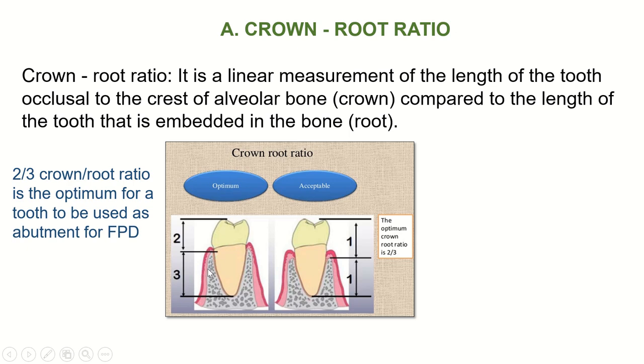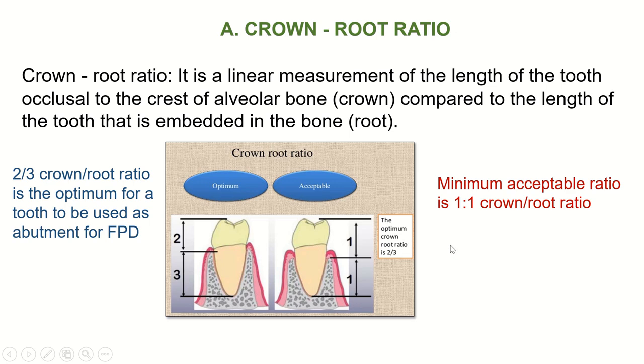To get an optimum crown root ratio, the ratio of crown to root must be 2 to 3. In this case it is acceptable to be used as an abutment for a fixed partial denture. What is the minimum acceptable ratio? The minimum acceptable ratio is 1 to 1 in the case of periodontally involved teeth.